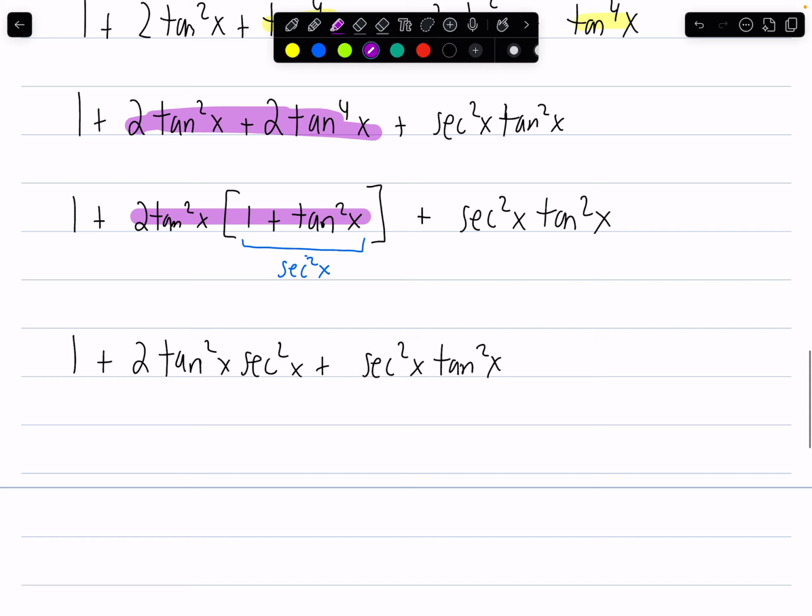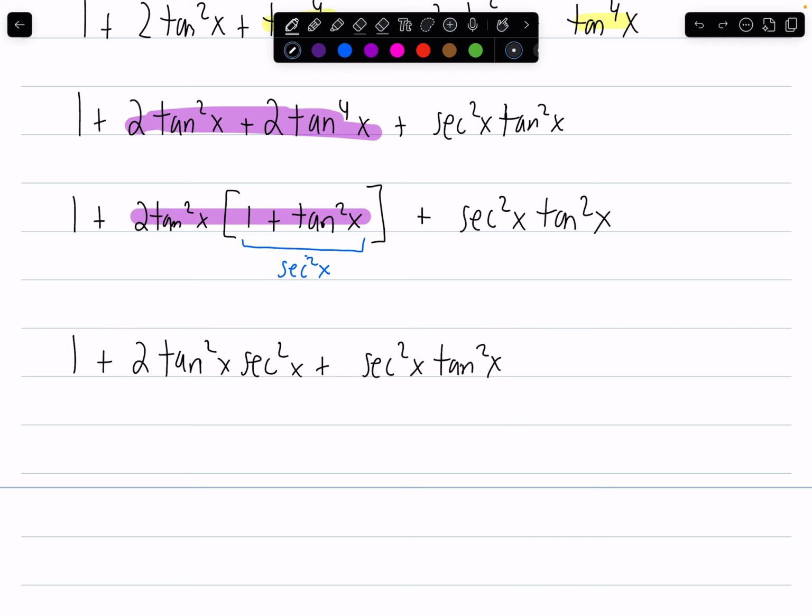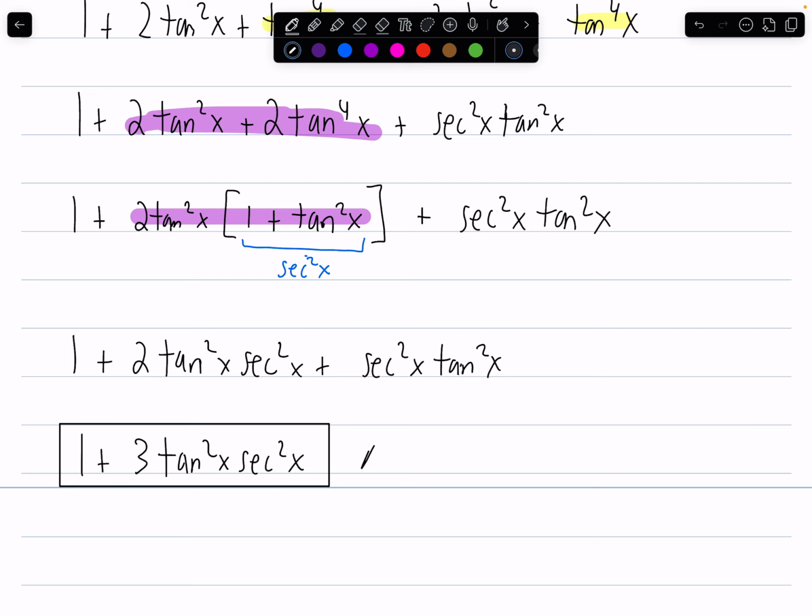And if you notice, this right here is where you get the 3 tan squared x, secant squared x. So then you have your answer, 3 tan squared x, secant squared x. So this right here is your answer. Left side equals right side, and you're good.